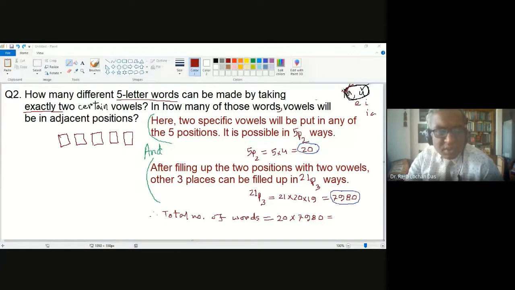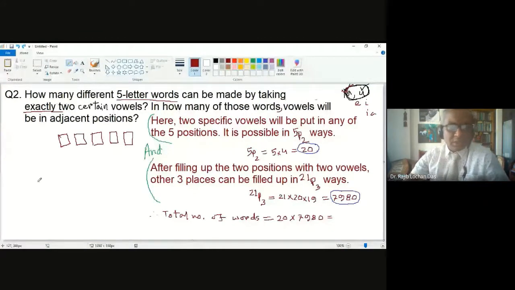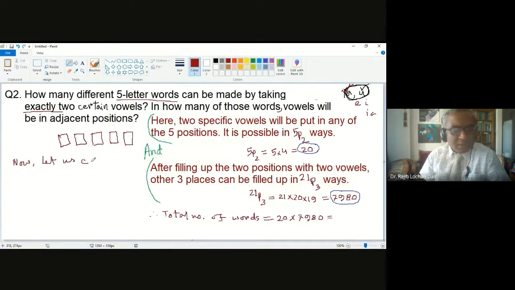So in this case, what we do in permutation problems is we think, now let us consider, it is very common, and you can see this type of answer in many different questions about permutation. That is A and U. They are not separated.